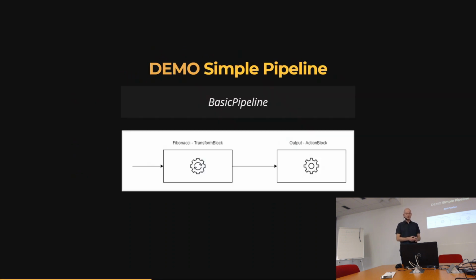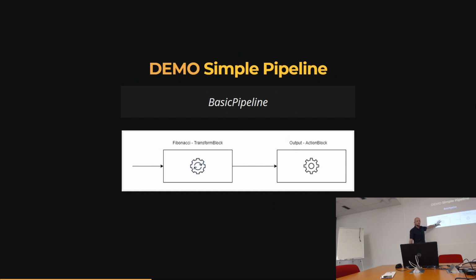Now I would like to show you a really simple pipeline where we can see the TPL Dataflow in action. As our input, we will have one so-called transform block, which is a block that takes an input, somehow transforms it, and returns an output.